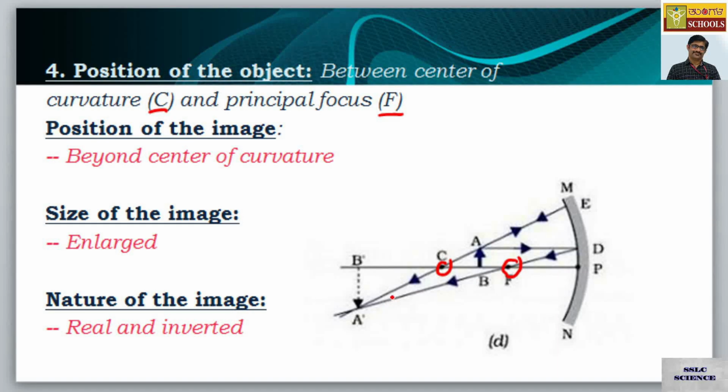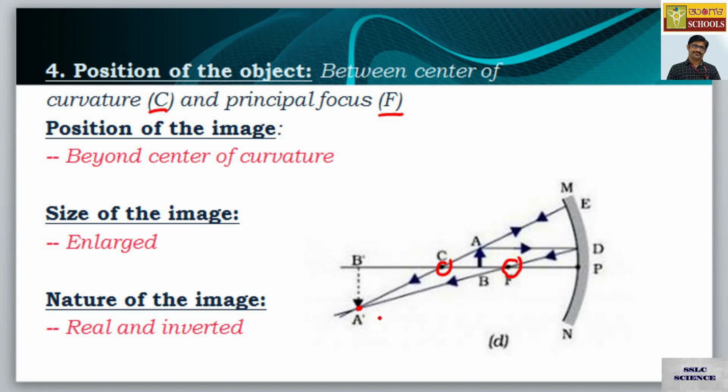And on the other hand, this time another ray should be from center of curvature, another ray which is passing from this top to center of curvature. After reflection it is coming back, again it is forming the image. You have the point of intersection here, so where you are getting the image A dash and B dash.